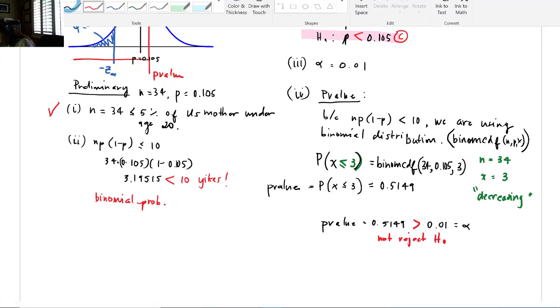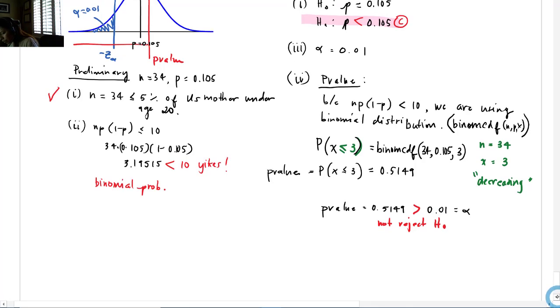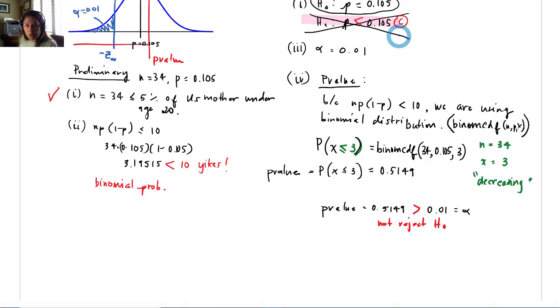Okay, so if you do not reject the null, that means you keep the null. And what does that mean for the alternative? Well, I cross out the alternative. That was the claim. So if we keep the status quo, do we have enough evidence to support the researchers' claim that that proportion has decreased?